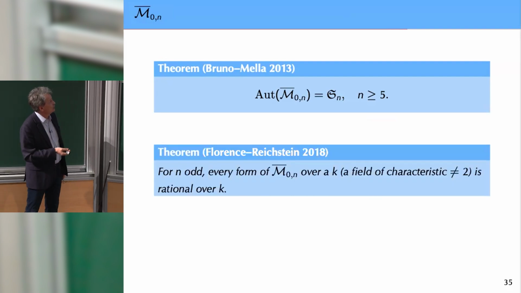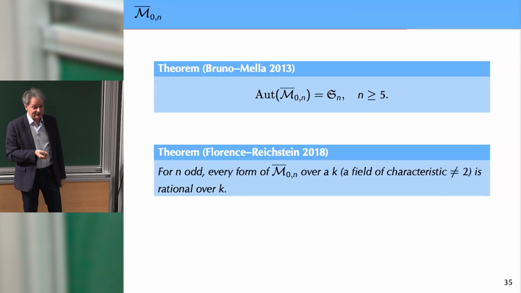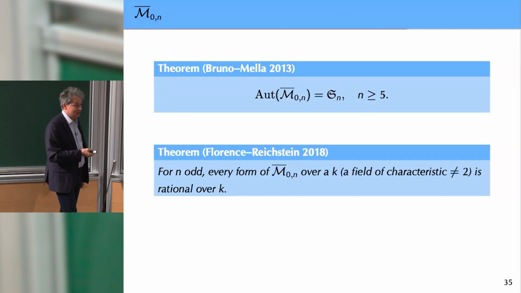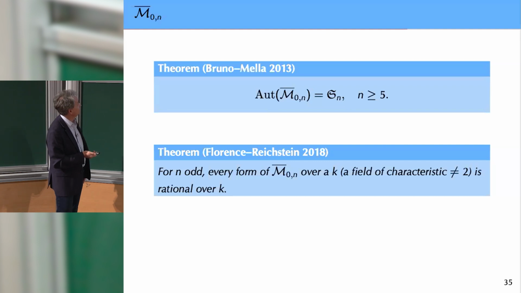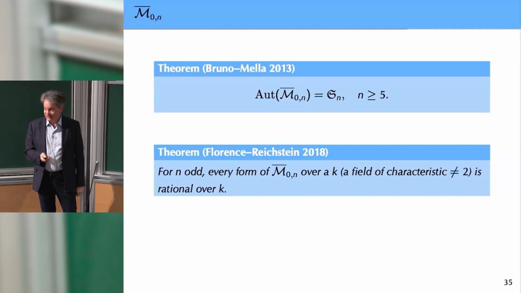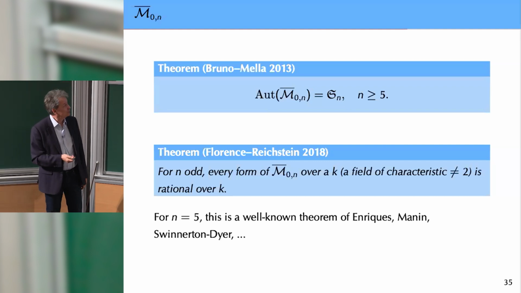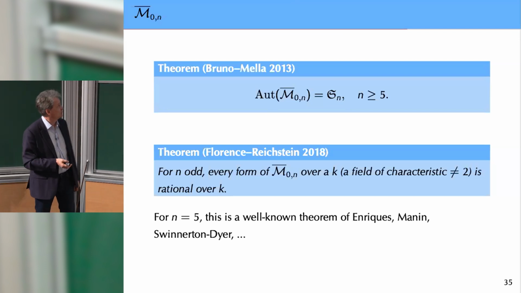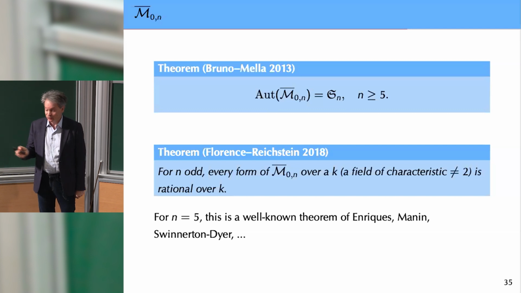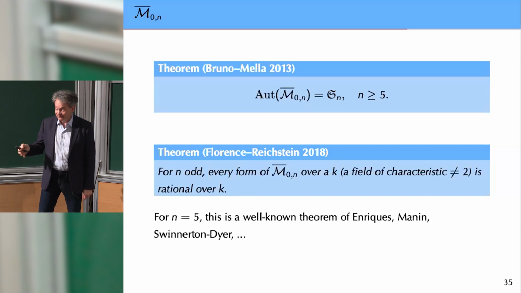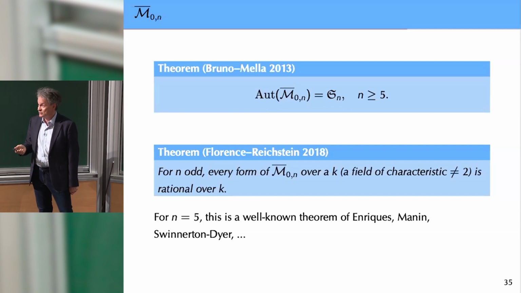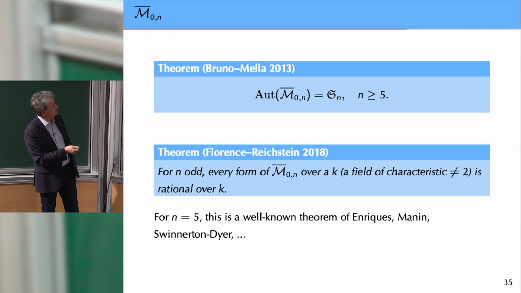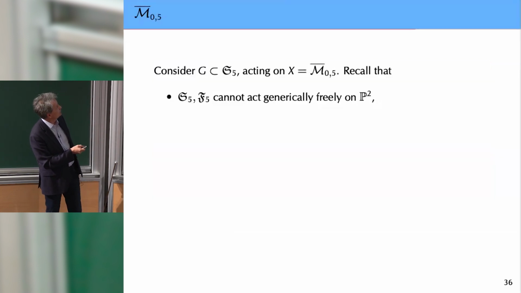And there is a theorem of Florence and Reichstein that said that if n is odd, then every form over a non-closed field K of M0n bar is actually rational over K. Now, for n equals 5, of course, there's a well-known theorem going back to Enriques. It's also in the work of Manin and Sonnetmeyer. There are many proofs of this. But for higher n's, I think that was something that wasn't observed before.